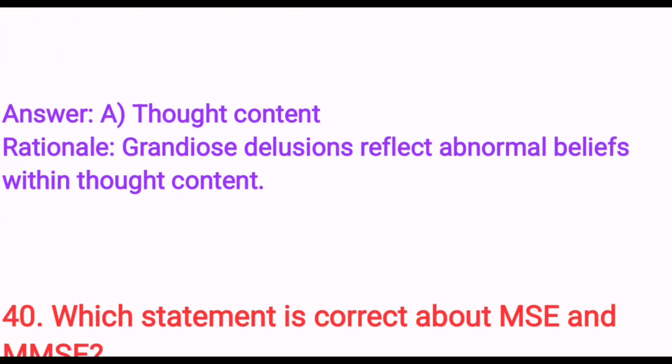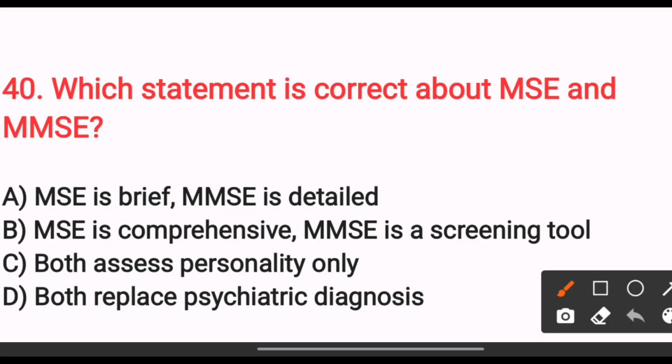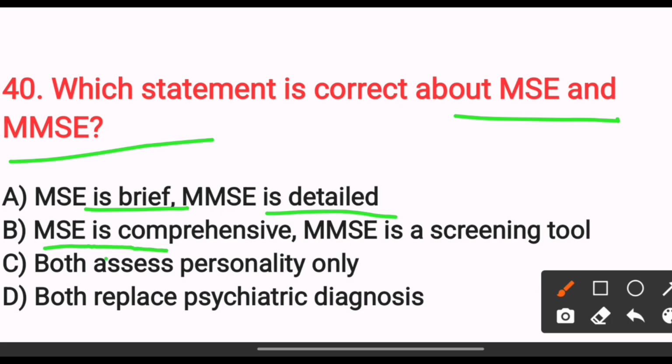Next, which statement is correct about the mental status examination and the mini mental status examination? Option A, mental status examination is brief, mini mental status examination is detailed. Option B, mental status examination is comprehensive, mini mental status examination is a screening tool.